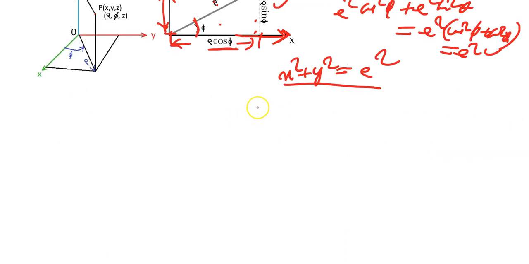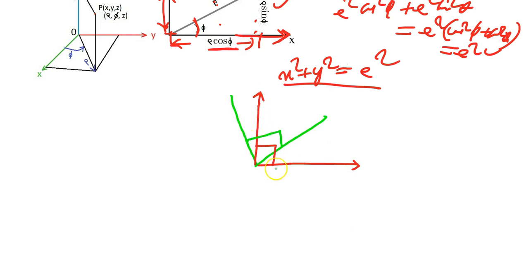Another thing I want to discuss, it is very important. If this is your 90 degree and this is also 90 degree, this angle theta is the same as this angle theta. You can easily prove it.